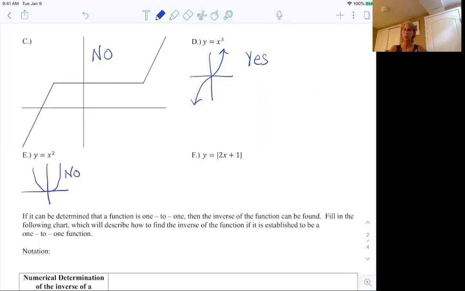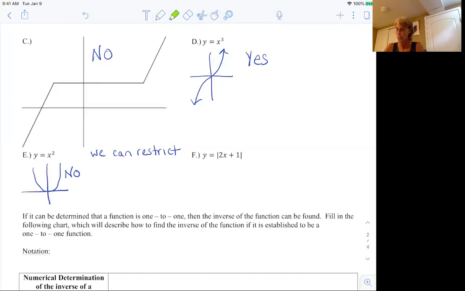However, here's the thing. We can restrict the domain. This is why when you see some problems in textbooks, they may say, given f of x equals x squared with a restricted domain, x is greater than or equal to some value. This is why they do it, so they're setting it up so you can answer the particular problem. What does that mean?